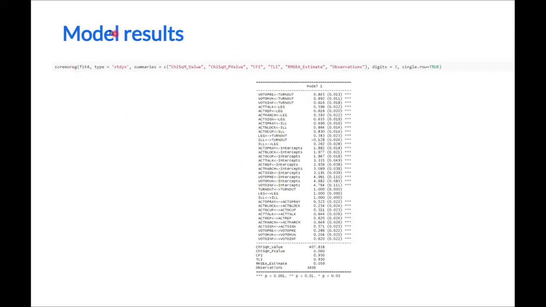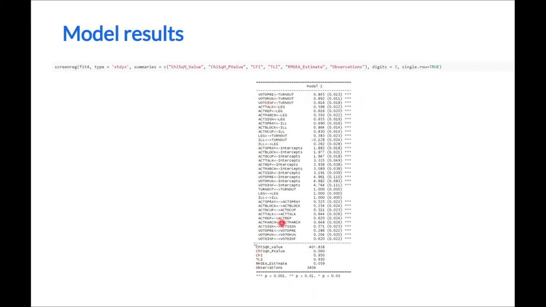This is just one way to extract the information from R to Mplus and show it in the same interface. And in this case we will have the same information.